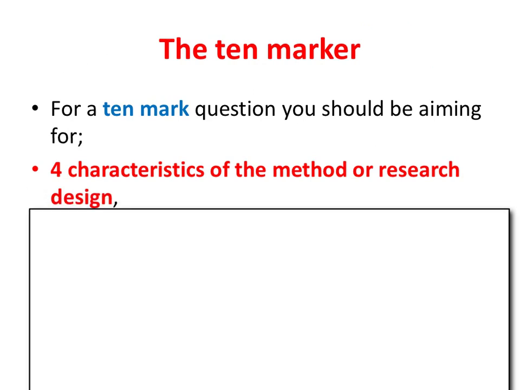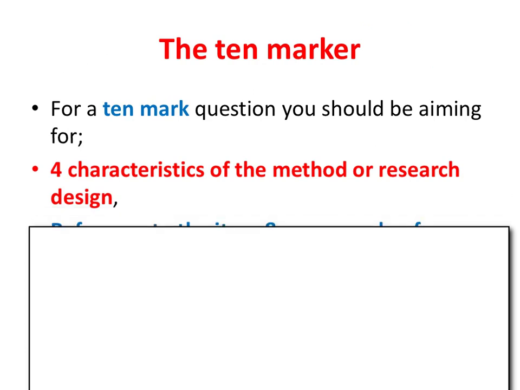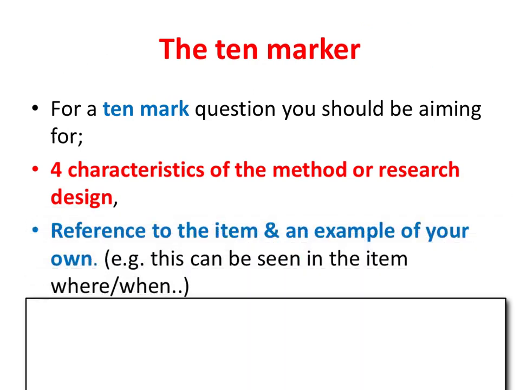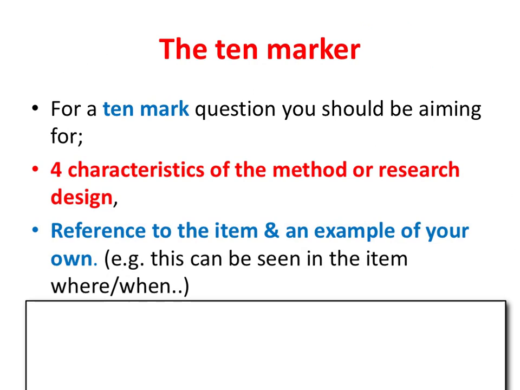So you want to identify and describe 4 characteristics of the research method or research design that is mentioned in the question. When you're doing that, you need to make sure that you refer to the item, the bit of text that they give you along with the 2 questions, and also ideally an example of your own.